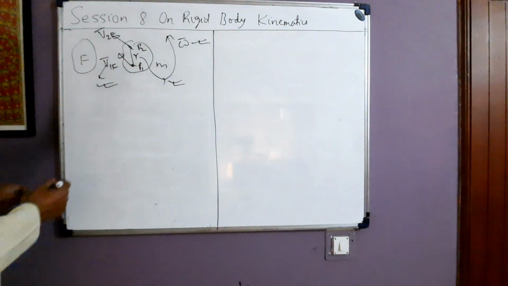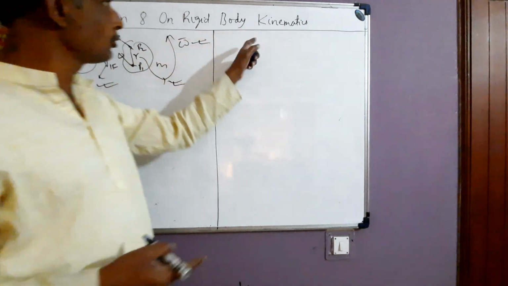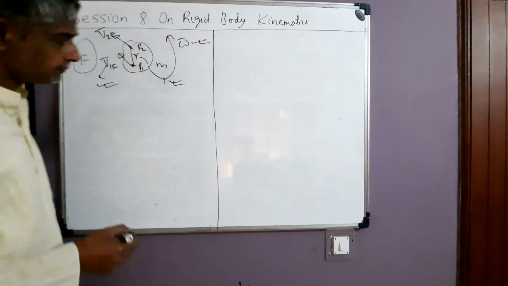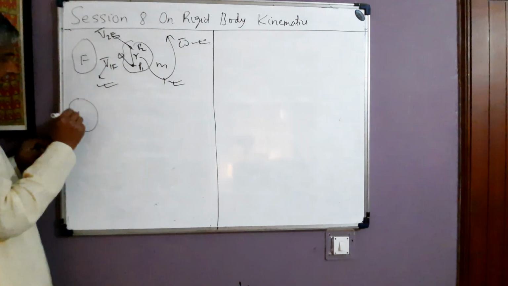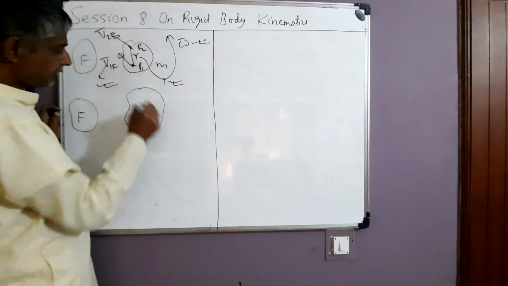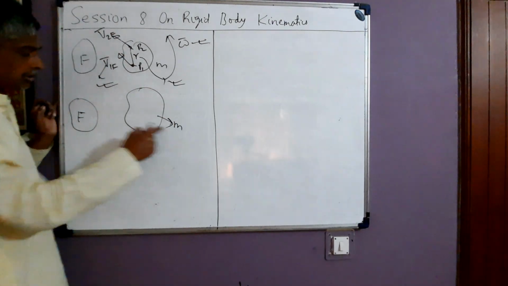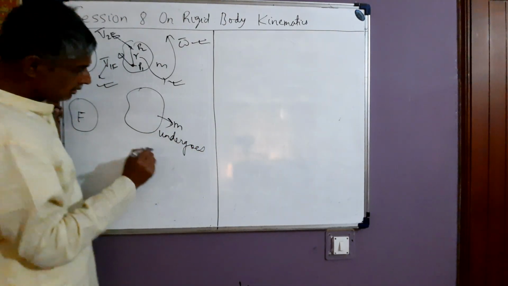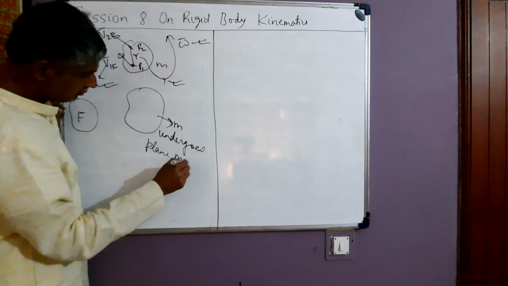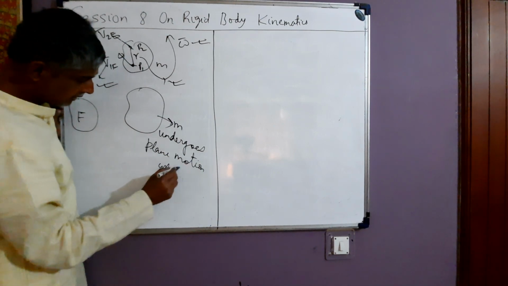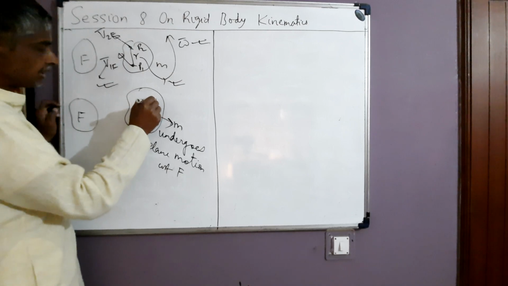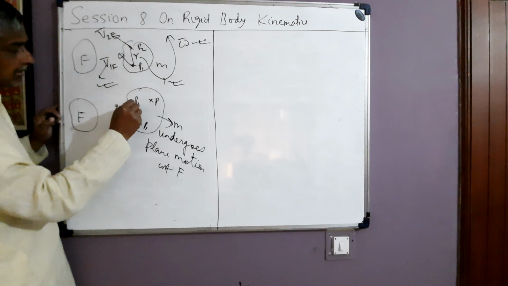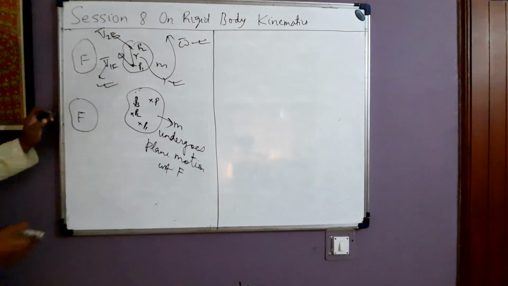Now I'll give a general rule for solving this class of problems. This is the frame F, and this is a rigid body M, which undergoes plane motion with respect to F. Imagine that P is a location of M. P1, P2, P3, etc. are other locations of M, real or imaginary.